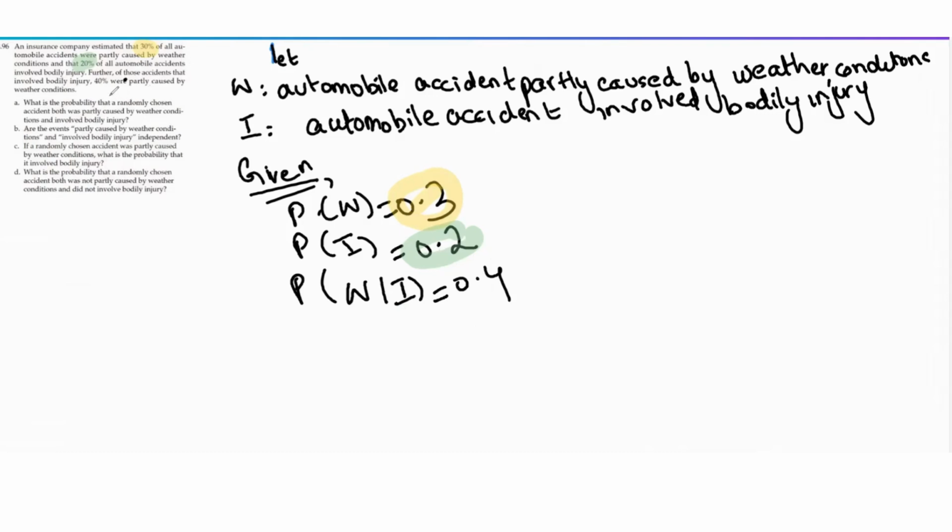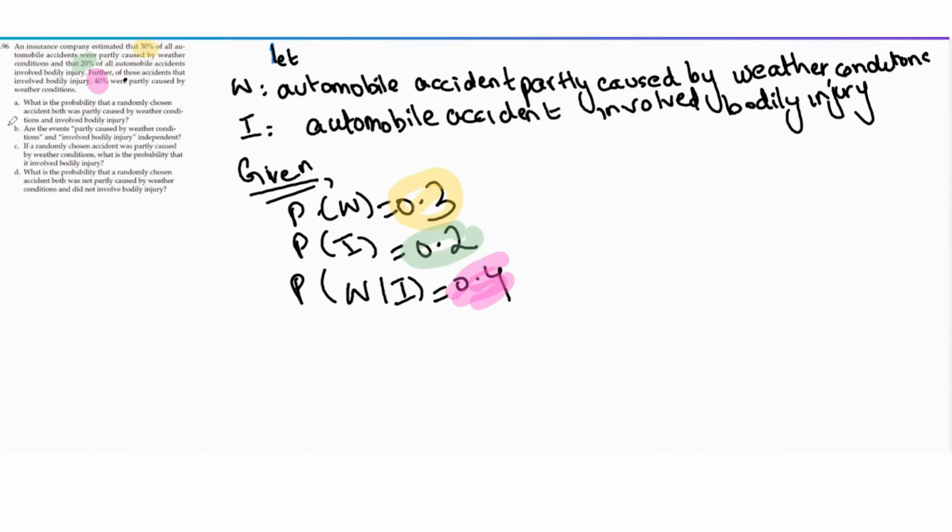Given that, the probability it was caused by weather conditions is 40%. So this is the conditional probability given to us.